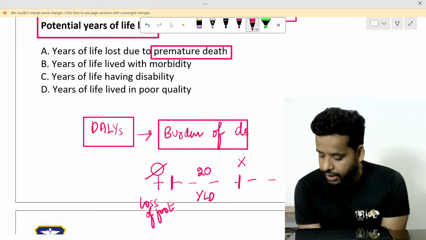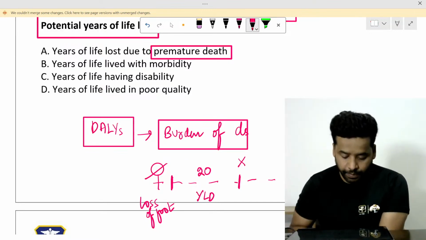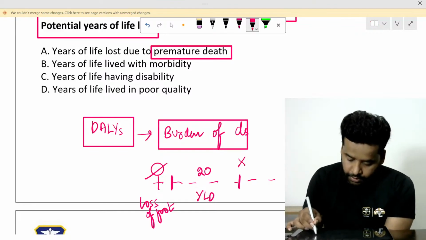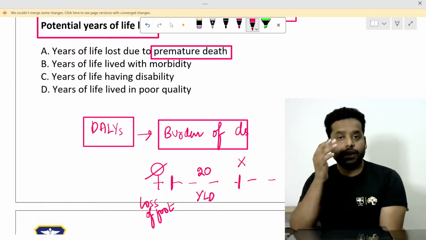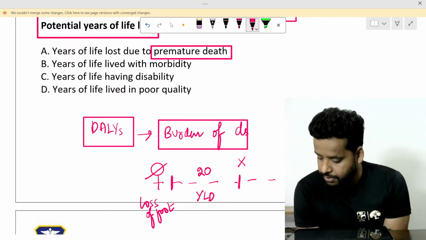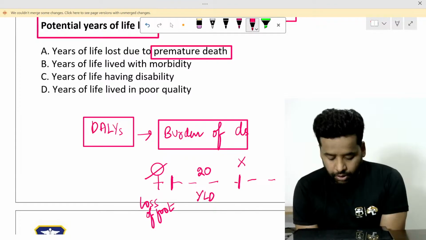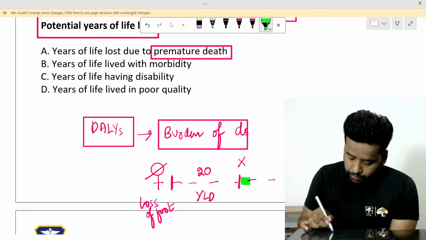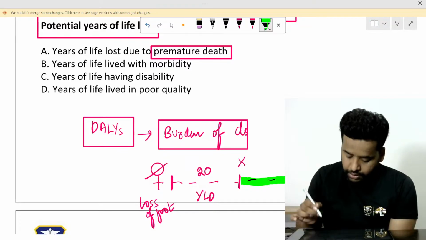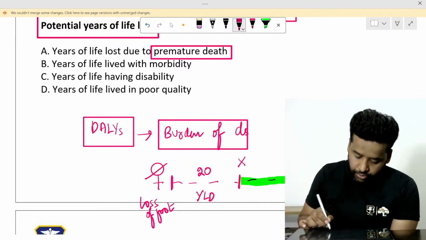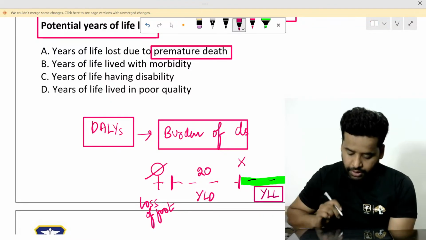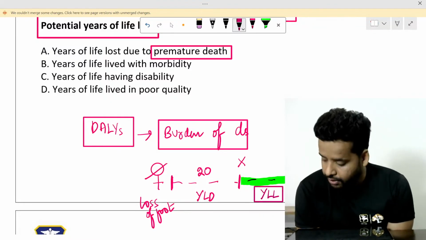So from which country we take standard life expectancy? Japan. So the patient could not attain that limit, standard life expectancy. So whatever the years he has lost is called as years of life lost due to death or premature death. Now you know the correct answer.